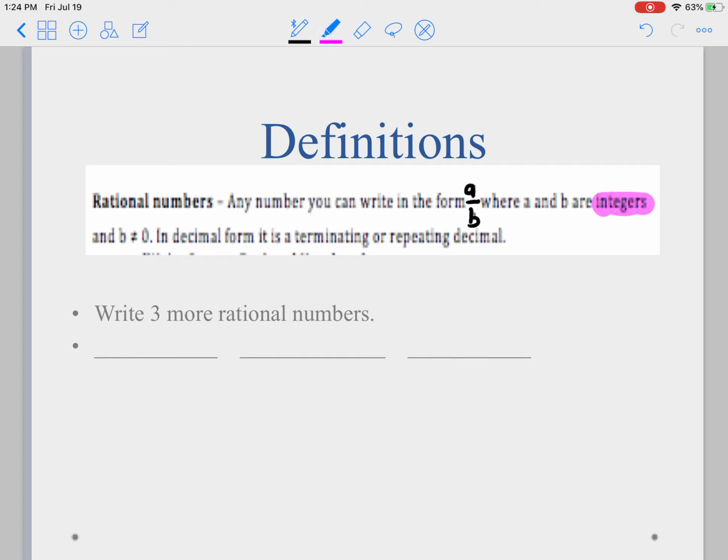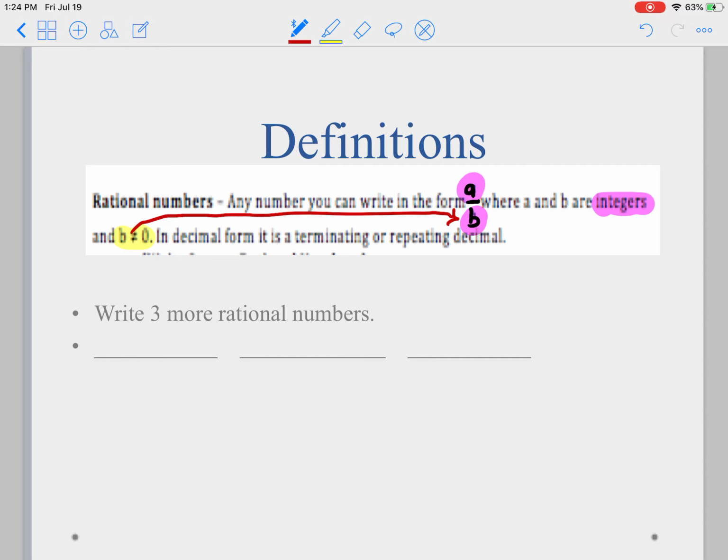So notice that we are working with integers in our fraction. Both A is an integer as well as B. Remember, integers include both positive and negative numbers and the number 0. One other thing to point out, B cannot equal 0.